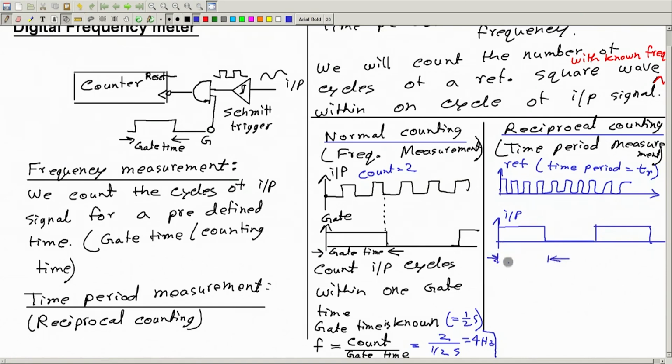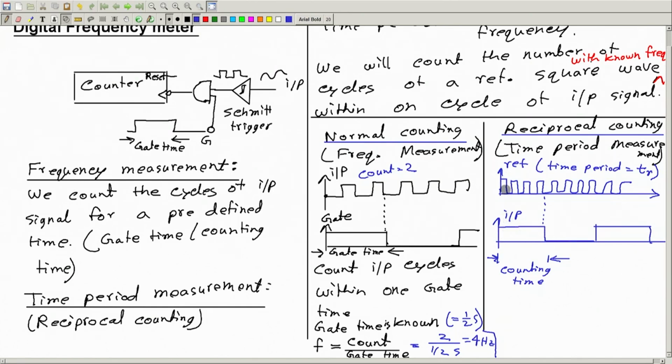So, this is counting time, and here say we have 1, 2, 3, 4, roughly 4 cycles of the reference signal within this half cycle of the input signal.